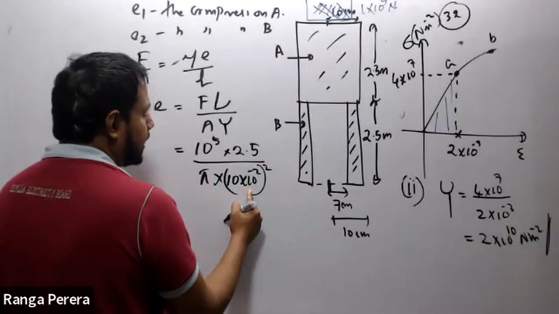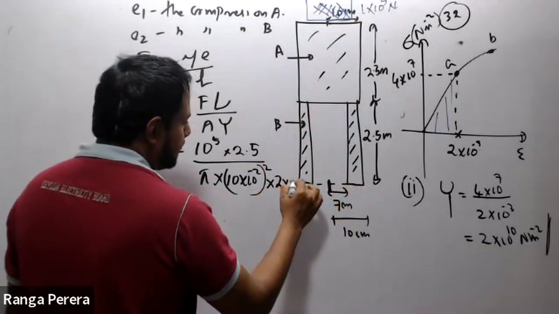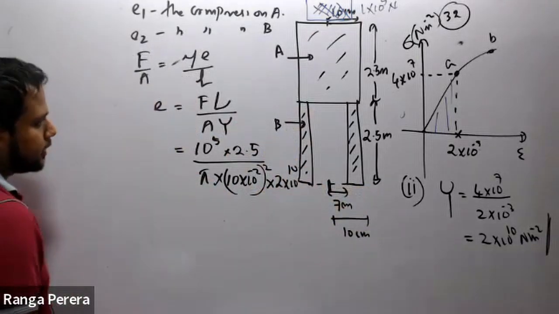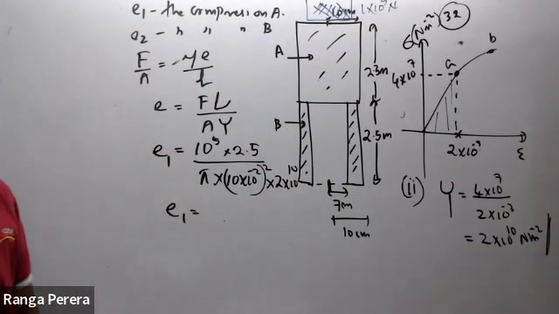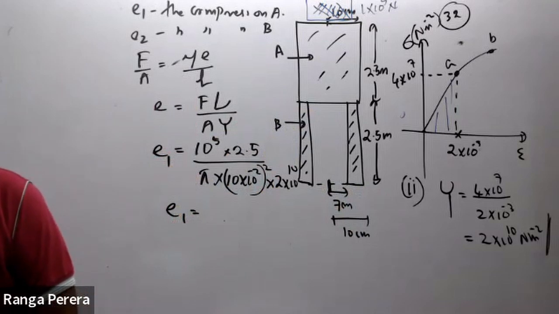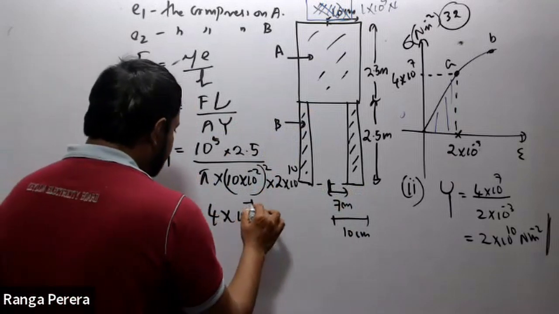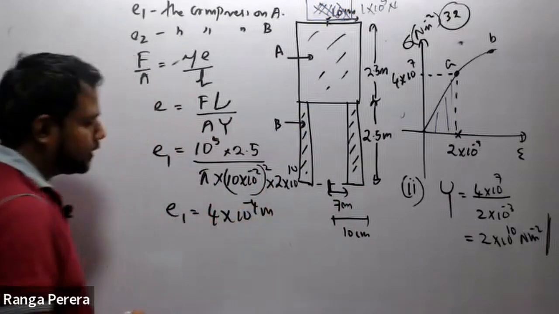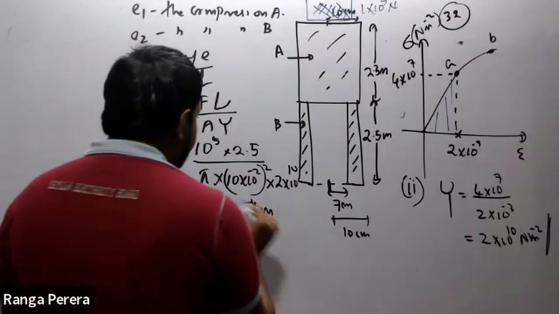Pi R squared is the cross section area, times the Young's modulus 2 times 10 to the power 10, because we found it. We can obtain E1 from here. Can anyone calculate that value? E1 is 4 times 10 to the power minus 4 meter. Since it takes time, I will write the values. This is E1.